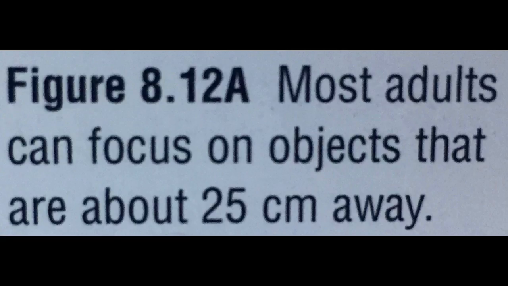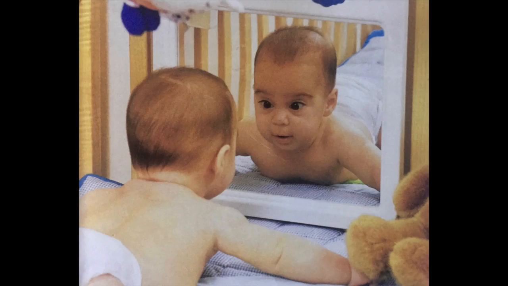See figure 8.12a. Here's somebody reading a book. Most adults can focus on objects that are about 25 centimeters away. However, babies can focus on objects only about 7 centimeters away.